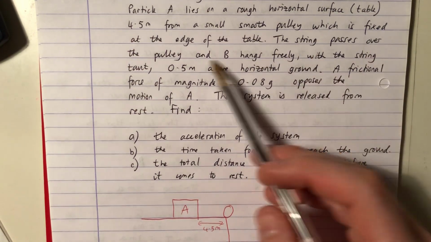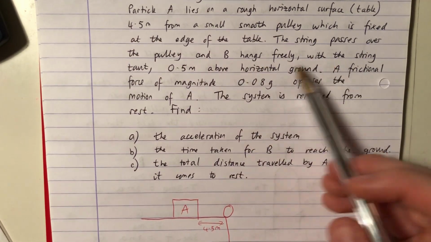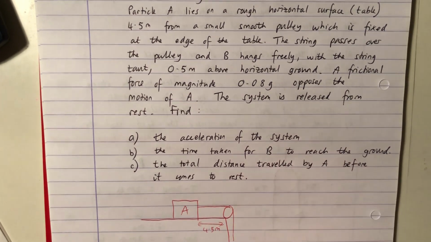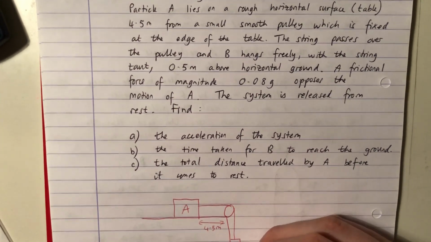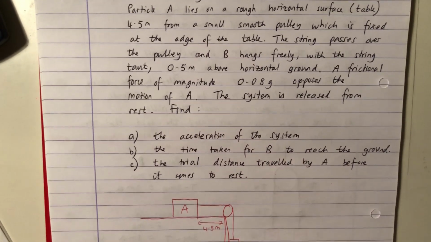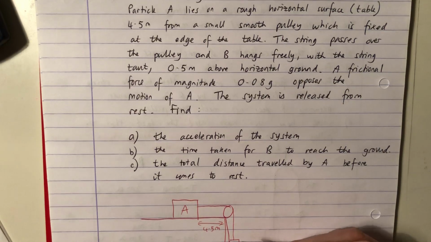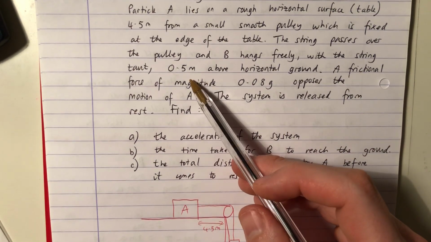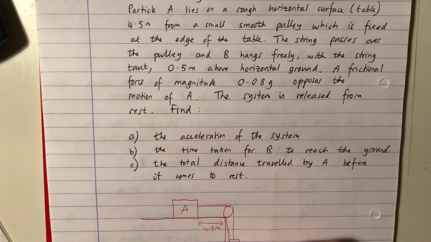The string passes over the pulley and B hangs freely with the string taut. So there's a string there, hangs over the edge, and B, it's not in contact there by the way, just hangs freely with the string taut 0.5 meters above the horizontal ground.